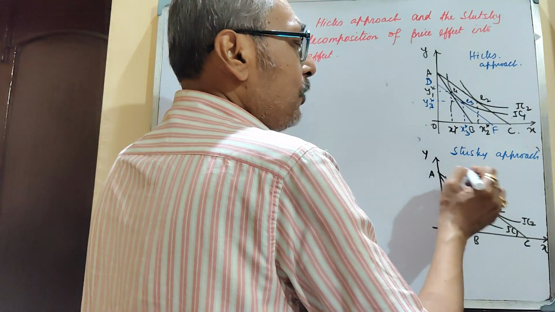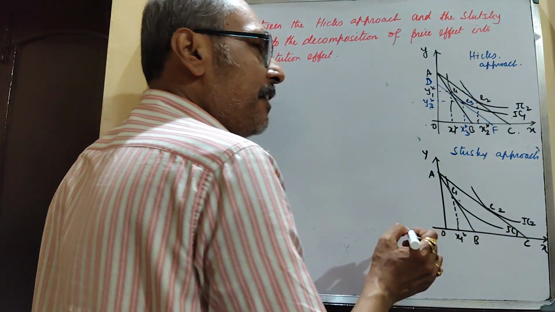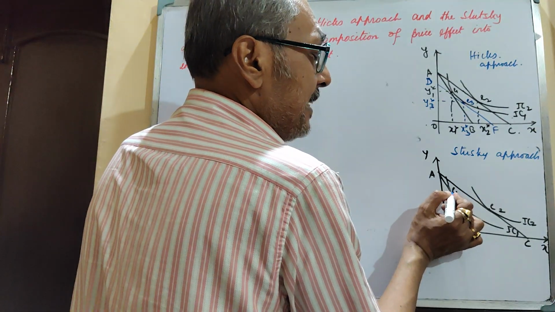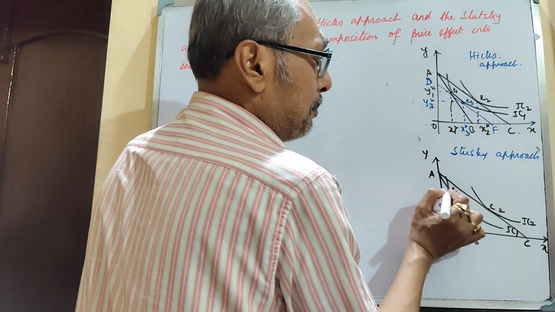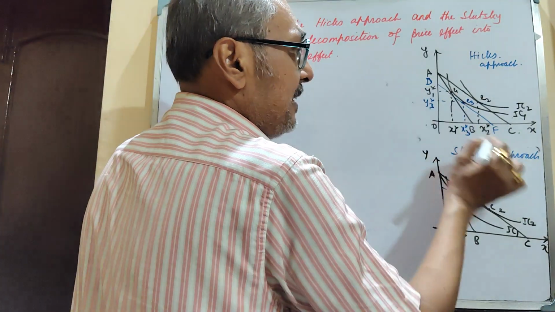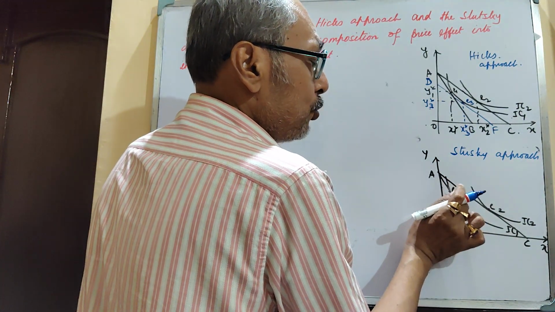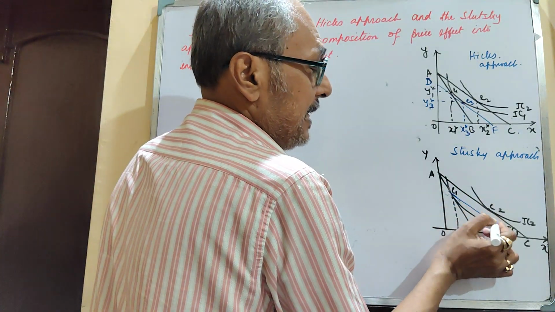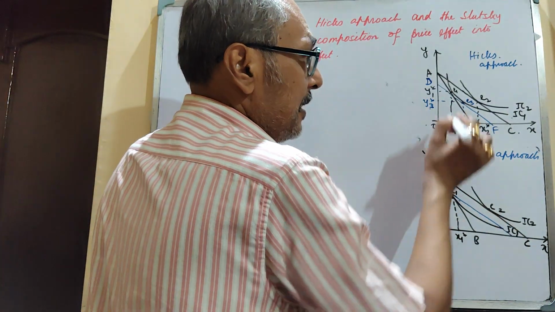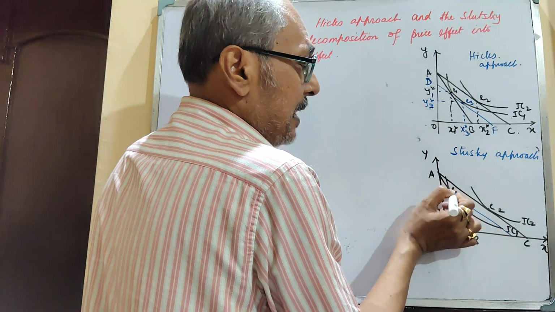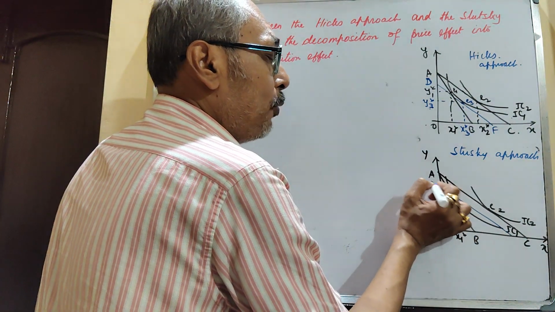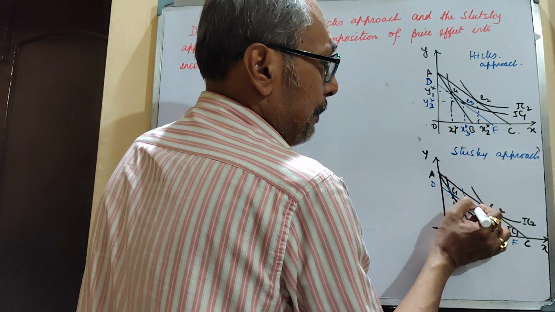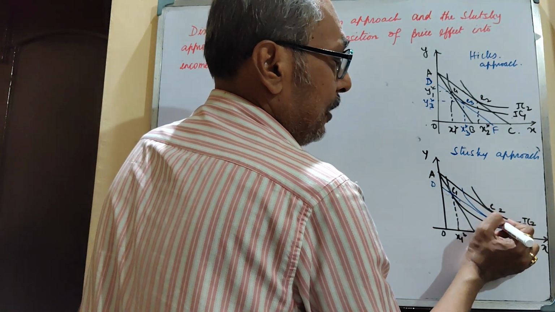Now, according to the Slutsky, constancy of real income means the consumer is able to attain the initial equilibrium point. Therefore, the hypothetical budget line DF must pass through the initial equilibrium point E1, and the consumer is able to attain a higher level of IC.